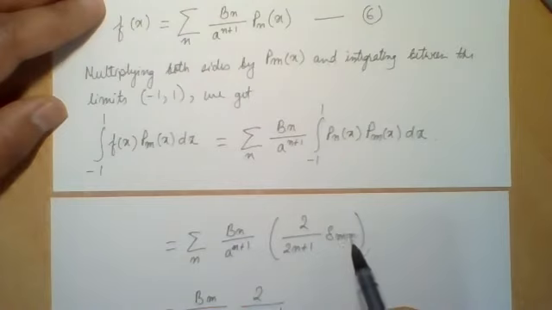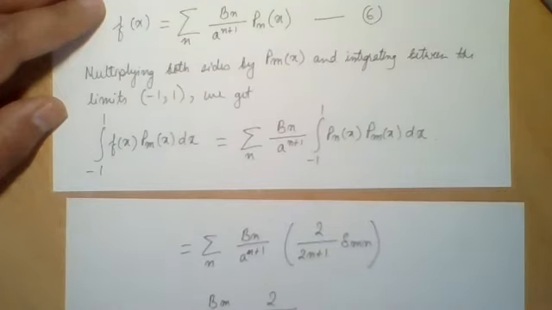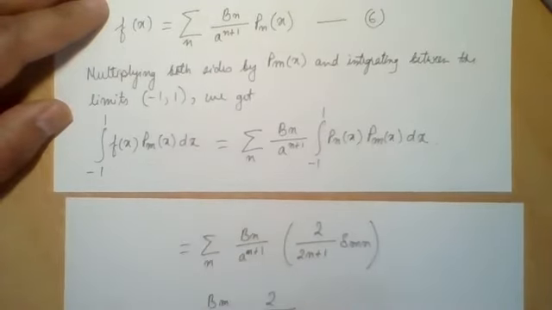Delta mn means all the n's which are present here are replaced by m, and we remove the summation sign. Okay, this is fine. So we have obtained this is equal to this.